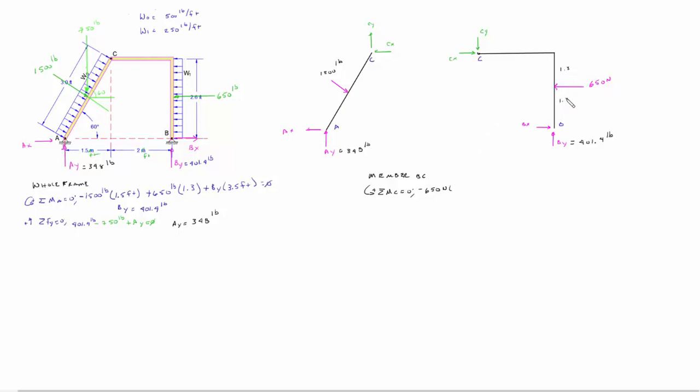And then I have BY, so that's going to be a plus 401.4 pounds, times, now this distance is 2 feet, and then BX, and BX is also going to be positive, times 2.6 feet.